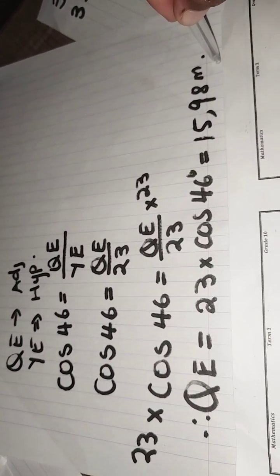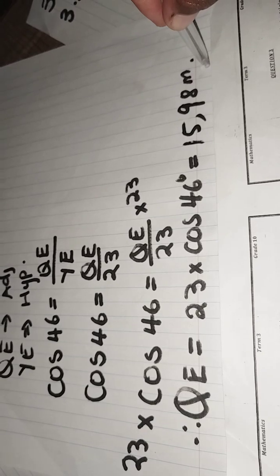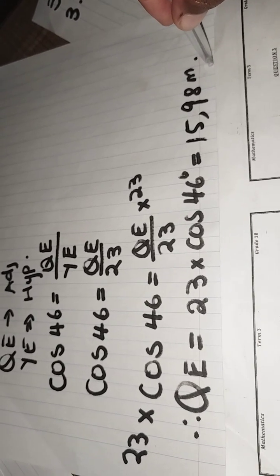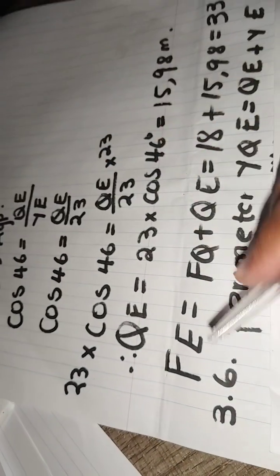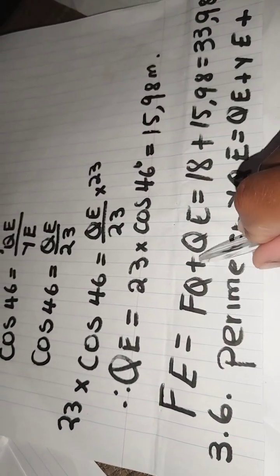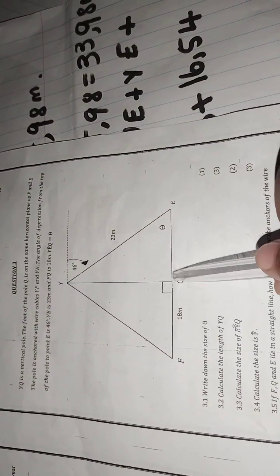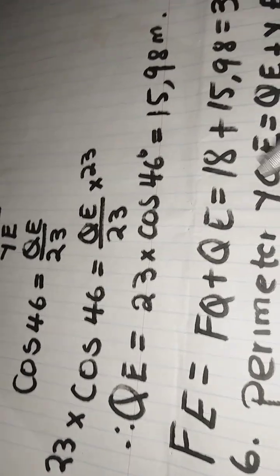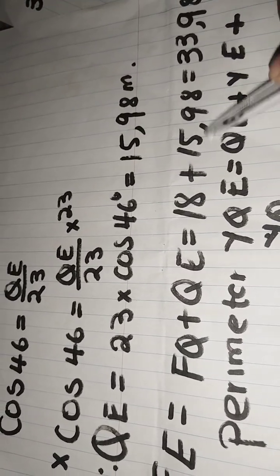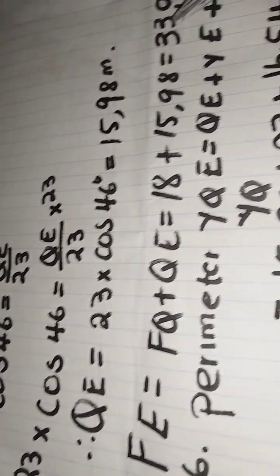So I'm not done, because they are asking for the distance between the two anchors, which is the distance between F and E. So now I have FQ. So FE is equal to FQ plus QE, which is this one here. FQ plus QE, then FQ I found that it is 18, then with this calculated, I get the distance here, FE.